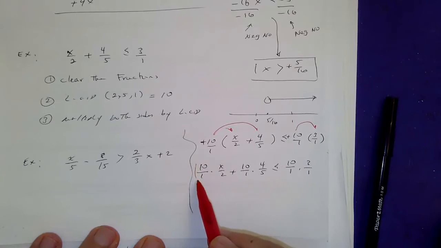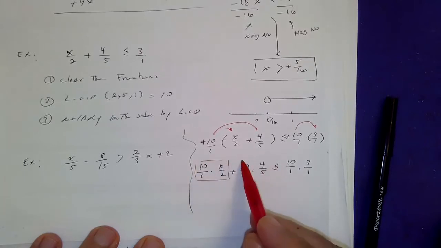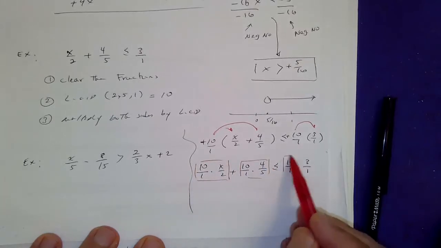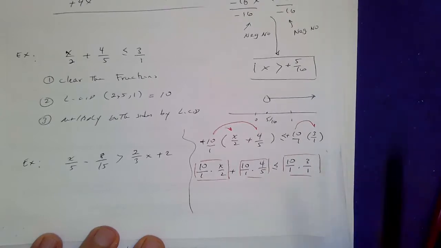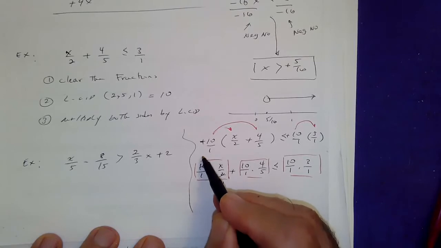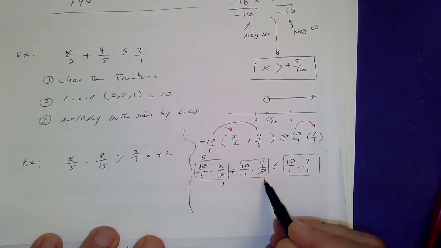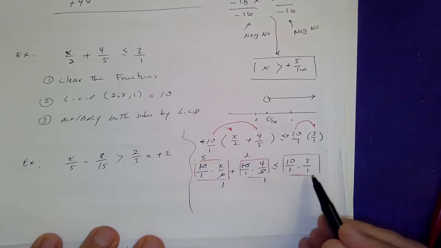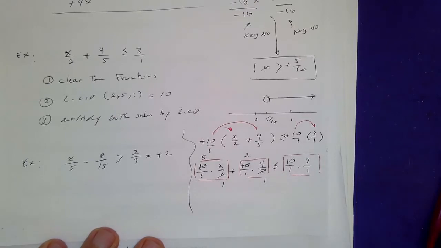So inside each of these boxes, you multiply the fractions out. How do you multiply fractions? You cross-reduce them first. So 2 goes into 10 5 times, 5 goes into 10 twice, and there is nothing to cancel on the right side.